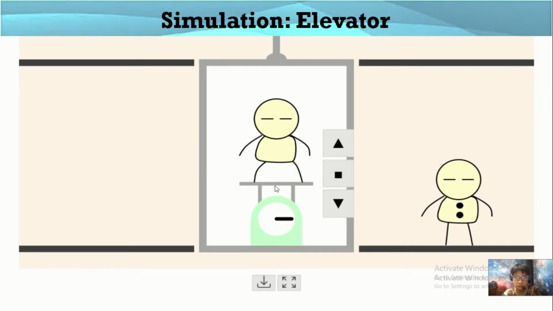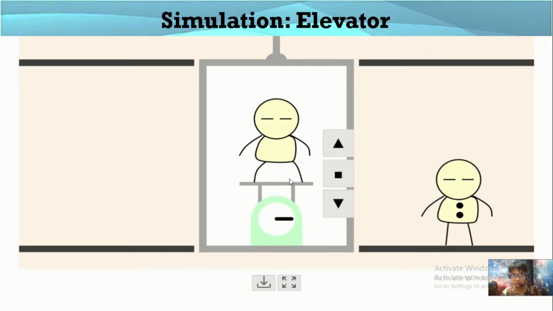So, when the elevator stops, the body of the passenger inside the elevator tries to maintain its initial state of motion, which is going downward. So, when the elevator stops moving, the body continues to move downward, and that's the reason why the body looks a bit in a state of imbalance. So that's how law of inertia is applied in elevators.